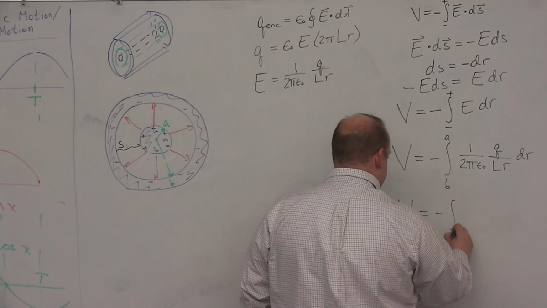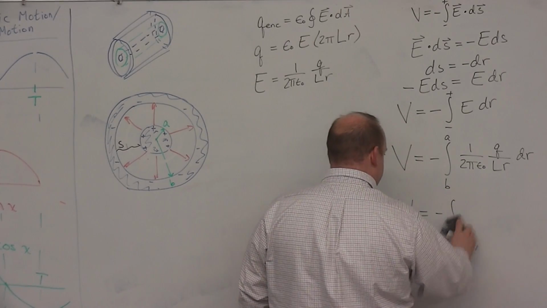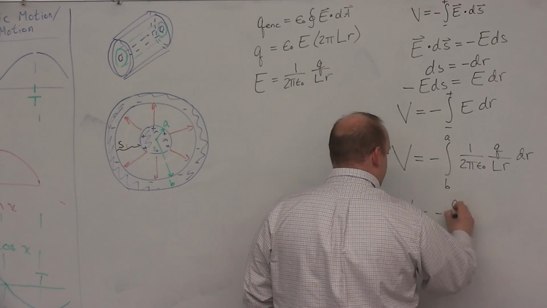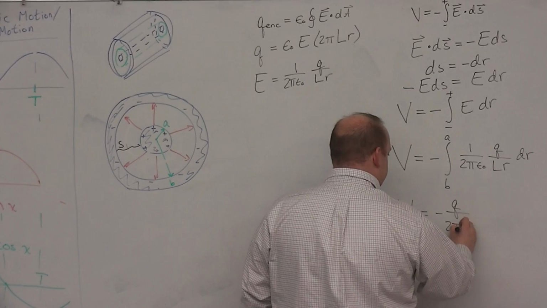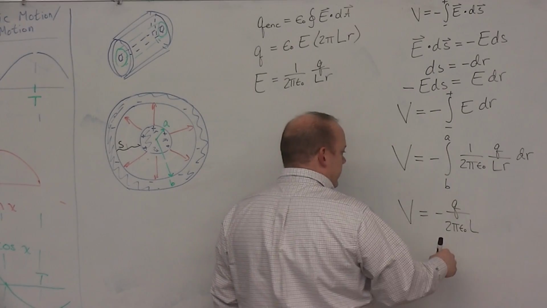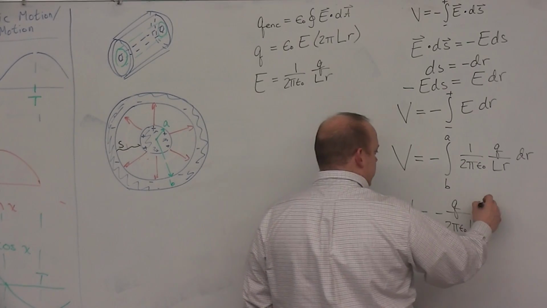So what I have here, negative integral B, put it here, Q over 2 pi epsilon naught L. Yes, I know I usually separate, but I'm trying to save some space here.